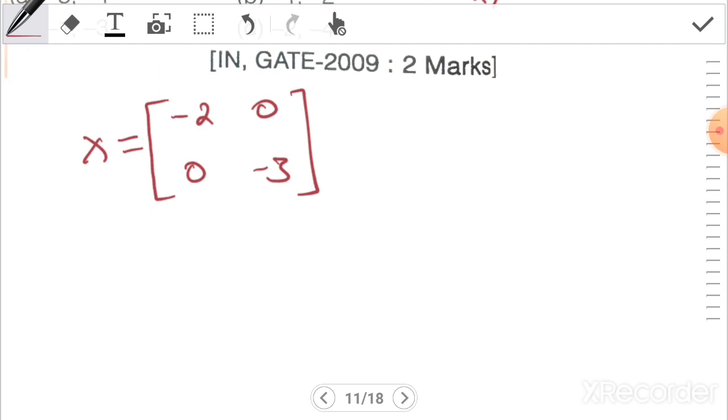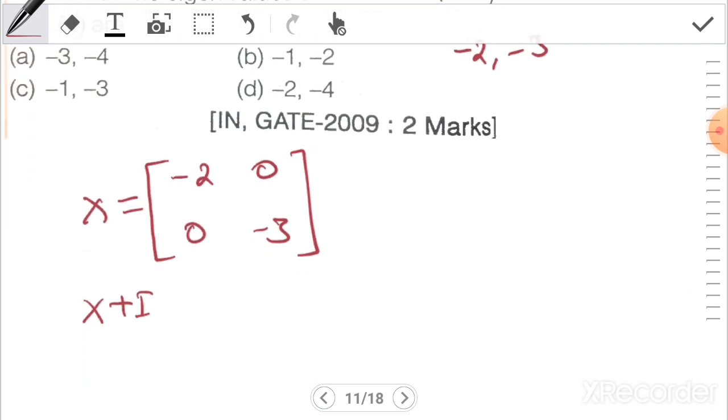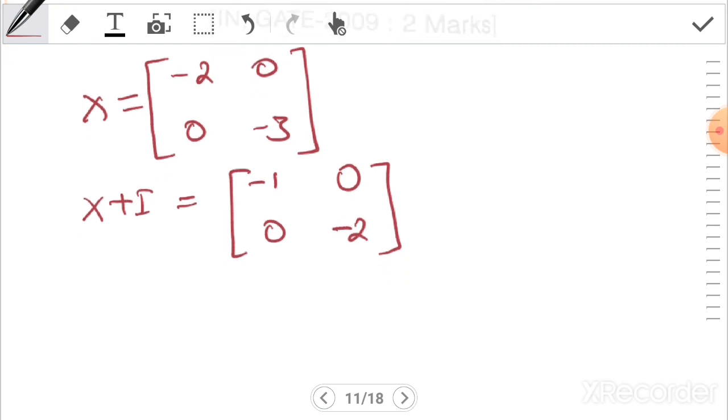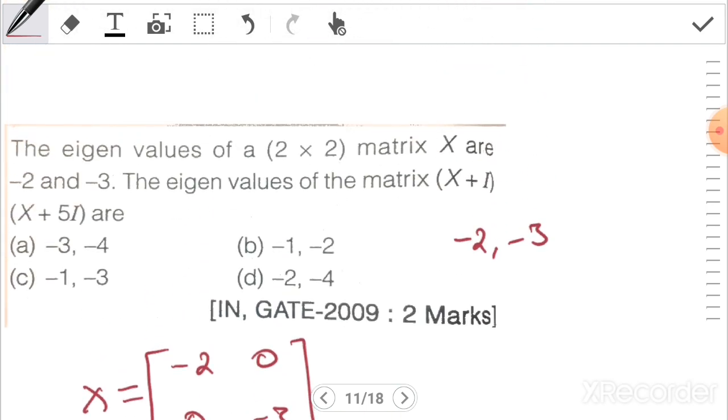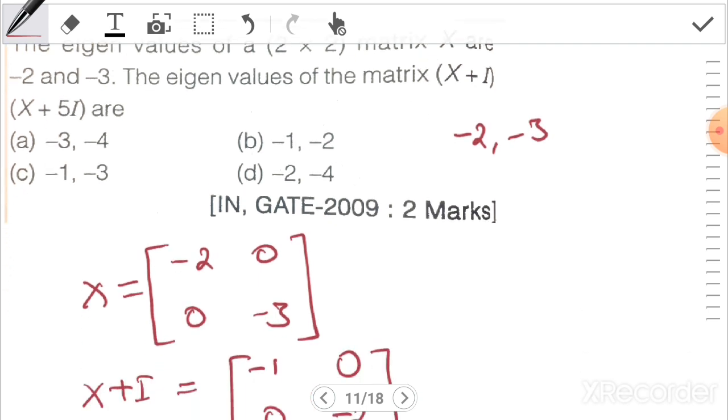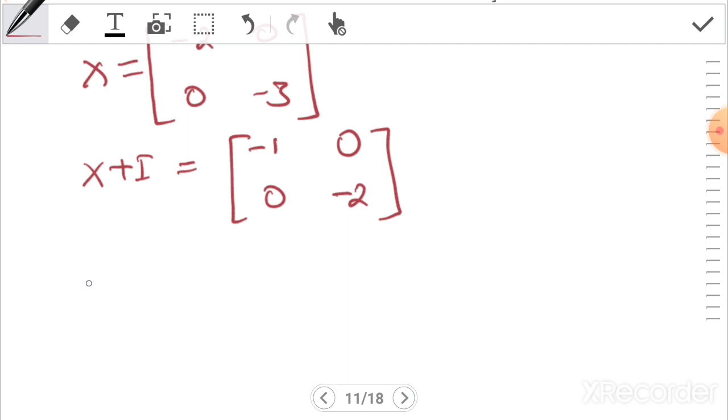Now construct X plus I: minus 2 plus 1 is minus 1, 0, 0, minus 3 plus 1 is minus 2. Okay, this is multiplication here, X plus I times X plus 5I. For X plus 5I, we have constructed the matrix 3, 0, 0, 2.